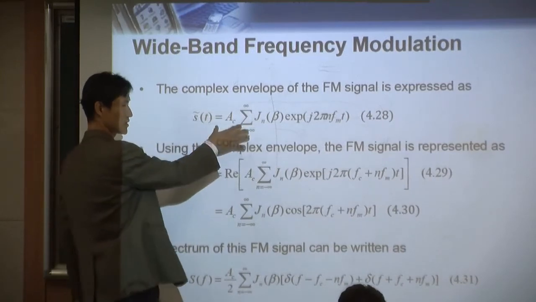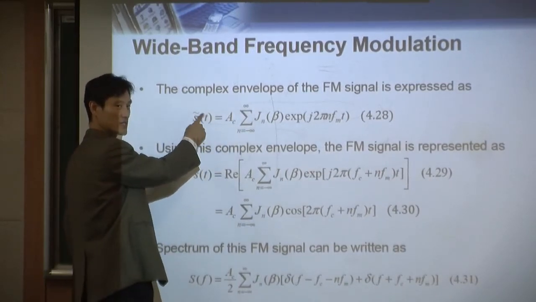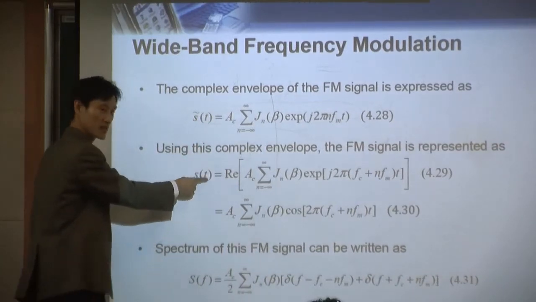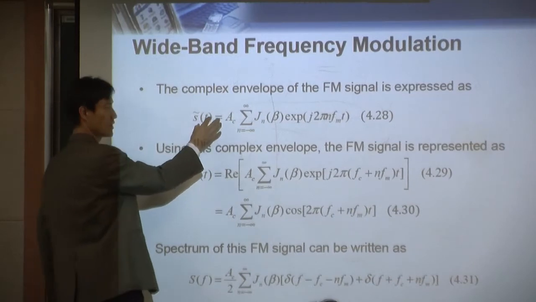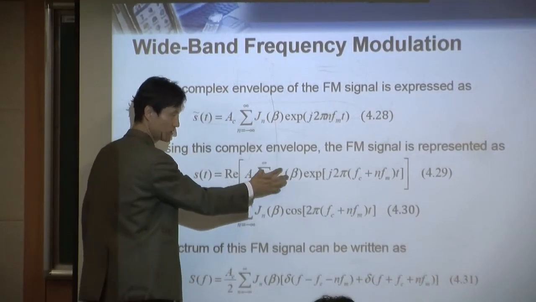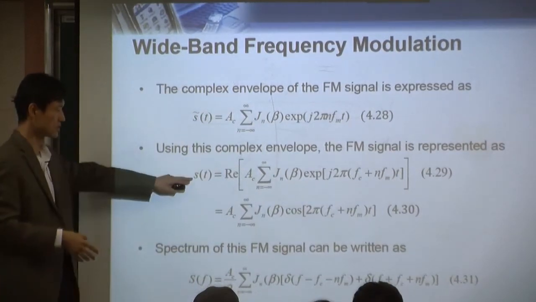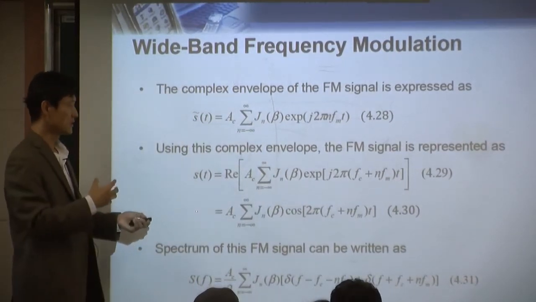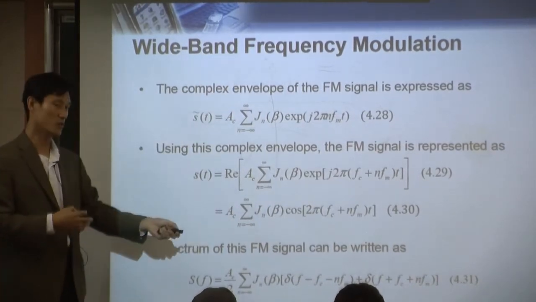Eventually, we just talked about s hat t. And where was s hat t from? The original s hat t was from s(t). So going back to the previous equation, we put this s hat t into the original place here, then you get s(t), that's our original s(t). So when you do the wideband FM, this is the signal we are transmitting.